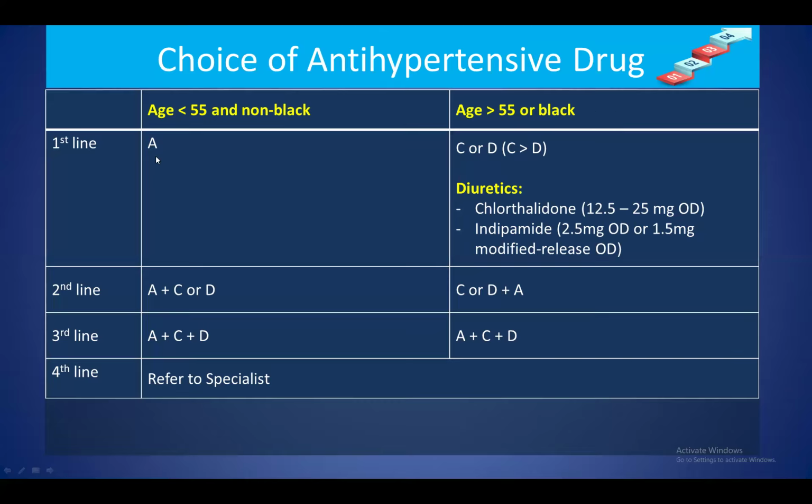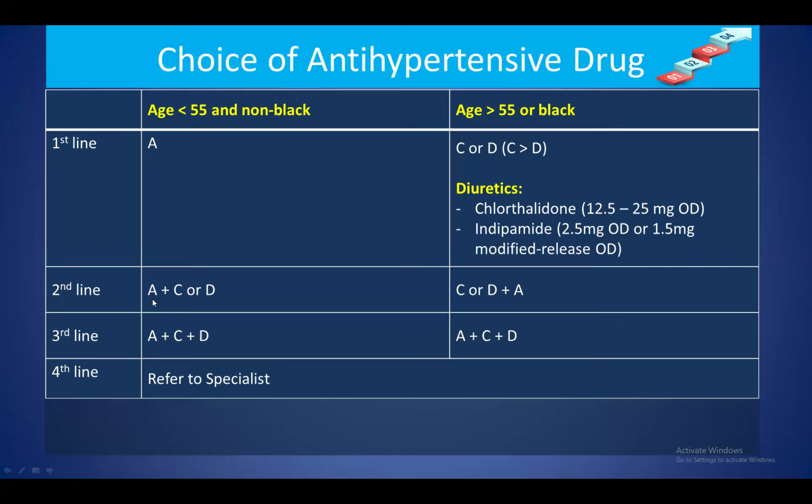If a patient is taking ACE inhibitor and blood pressure is still not controlled, then you will combine ACE inhibitor with either calcium channel blocker or a diuretic. And if a patient is taking calcium channel blocker or diuretic and blood pressure is still not controlled, then you will combine this with ACE inhibitor.